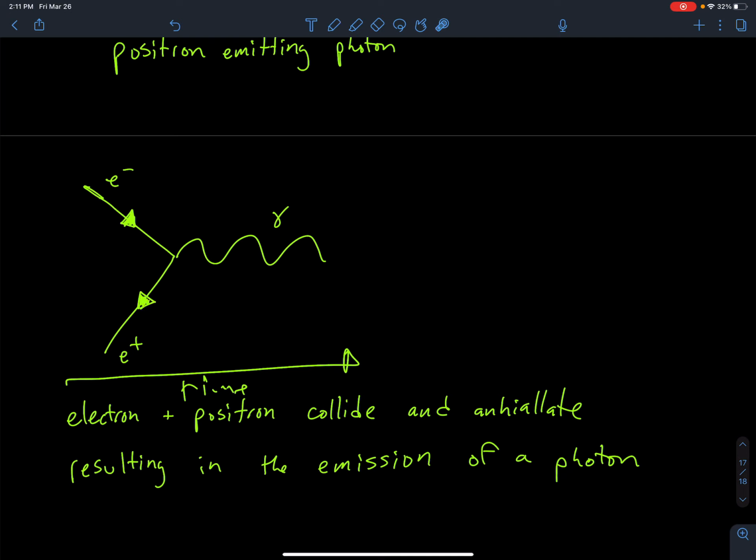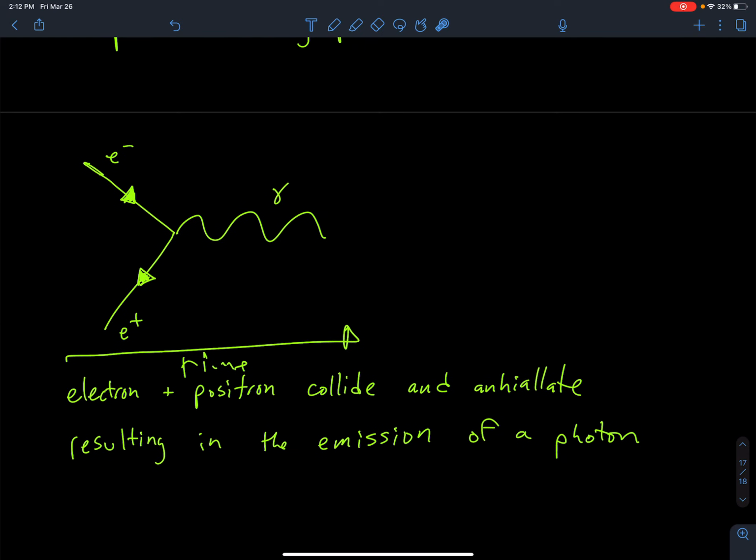Now this doesn't mean that an electron becomes a positron. This means that a positron and electron meet at a point in time. When matter and antimatter meet, they annihilate and turn into light energy, into a photon. So that's annihilation. Electron and positron collide, annihilate, resulting in the emission of a photon. And that is all on page 303, just to help you make sense of it.